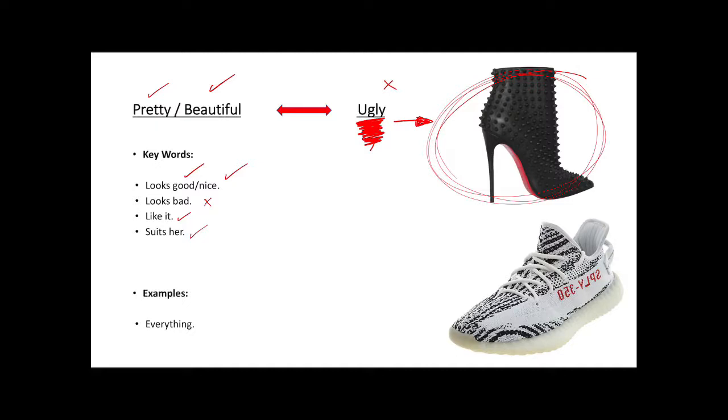That's okay, it's different opinions. Same for this shoe here. This shoe is very fashionable, very stylish. Many people have this shoe. I think also this shoe is ugly. But another person, they think this shoe is beautiful, this shoe is pretty. So it depends on your thinking.